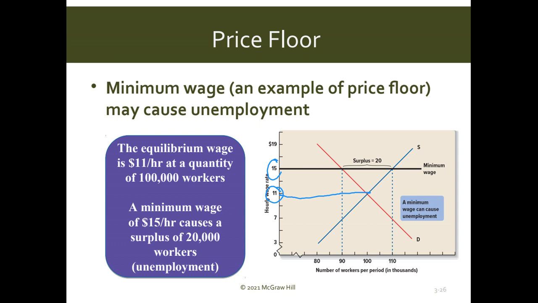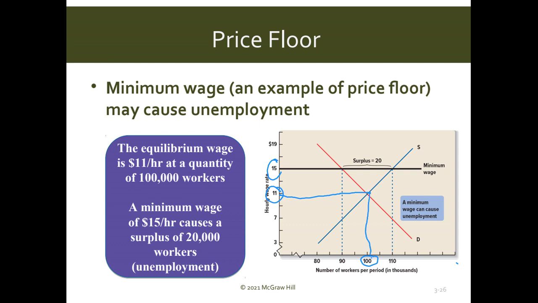Before the price floor, suppose 100 workers were working and they were getting $11 an hour wage rate. This is before any government restriction. It says 1,000, but I'm just saying 100 workers. Now, because of this price floor, because of this price control, what happened?